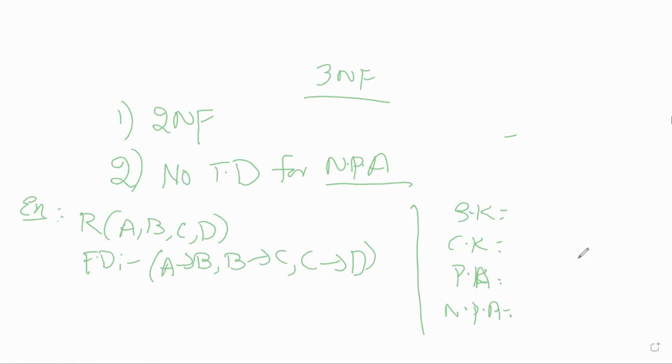And there is one more alternative procedure also. This is one procedure to check whether the relation is in 3NF or not, and I'll tell you the alternative if you want to solve this example.